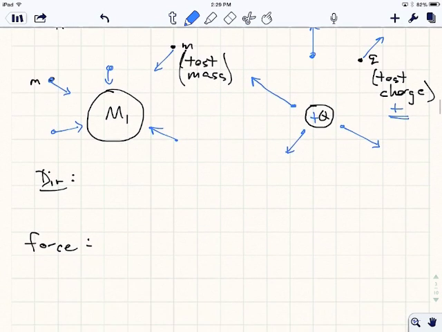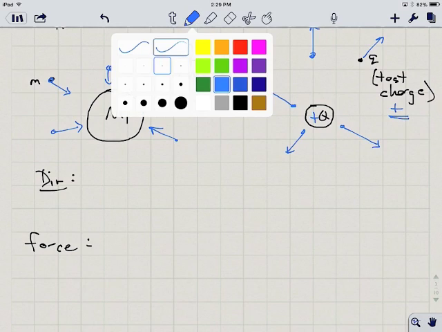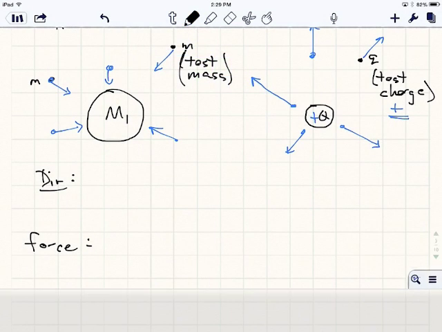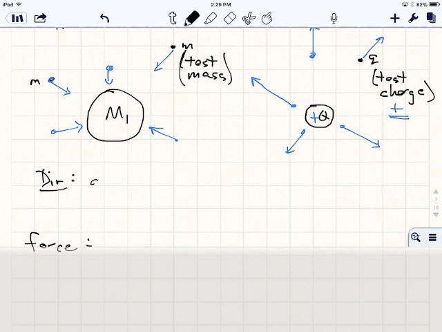All right, so now the direction of these forces. The gravitational force, we know, is always going to be an attractive force, which means that the direction of the field is always going to be toward the center of the big mass M1 that I've labeled in the diagram.